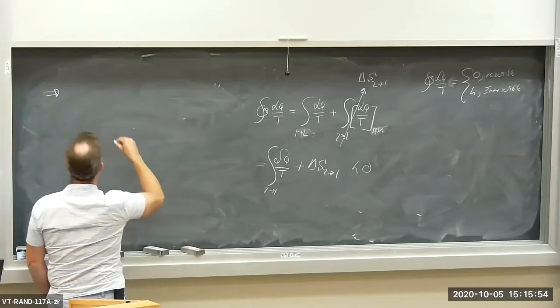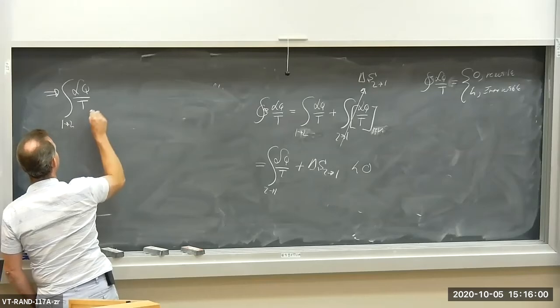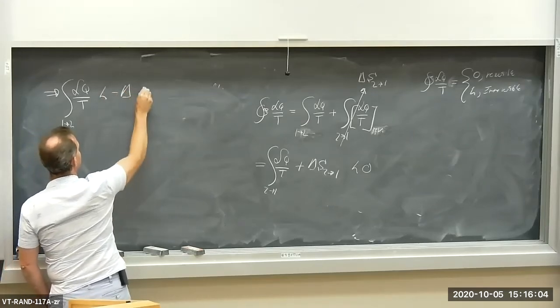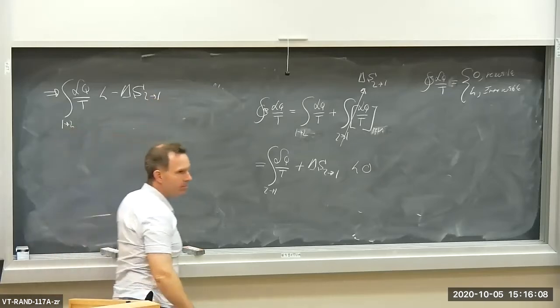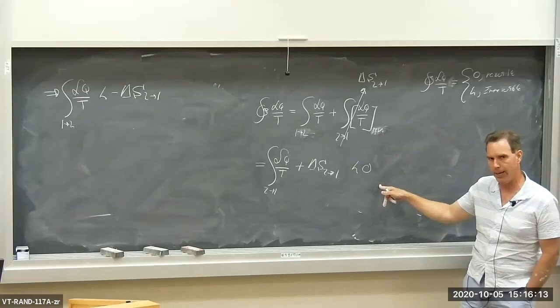So I get the integral of del Q over T from 1 to 2 is less than negative delta S from 2 to 1. The negative sign is because I'm taking it over on the other side of the equation.